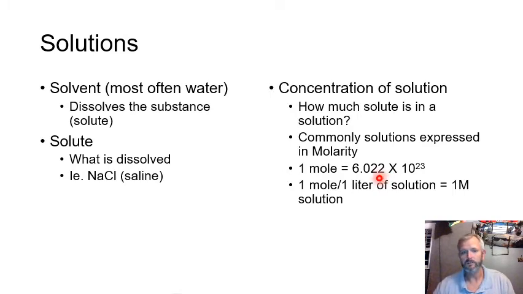Or let's say salt, NaCl. Okay, you put salt in water. You put this many molecules of NaCl in water, that is 1 mole. Okay, and if you put that many molecules of salt in 1 liter of solution, that is a 1 molar solution.